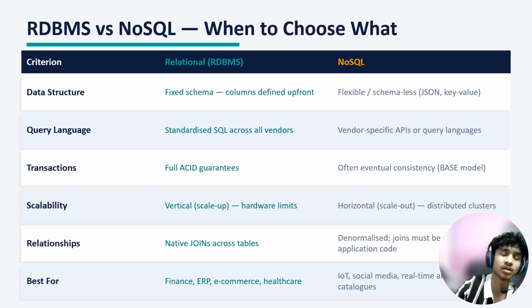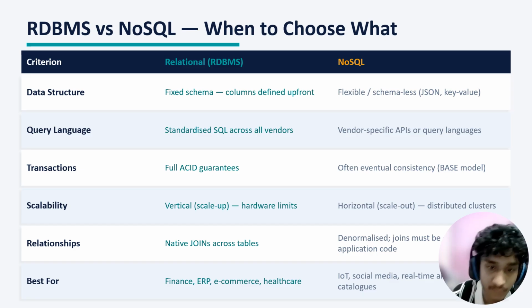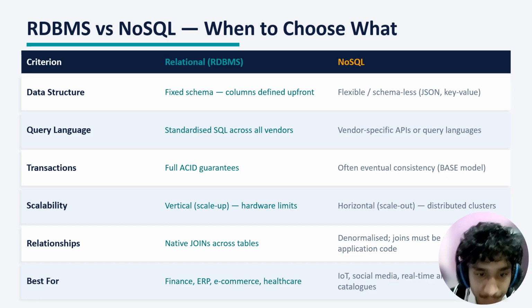Which is why in today's world we use many different types of databases, like graph databases, to have no vertical or hardware limits. Next one is relationships. It has native joins across tables, and in NoSQL, denormalized joins must be in application code. And each one has its own pros and cons.